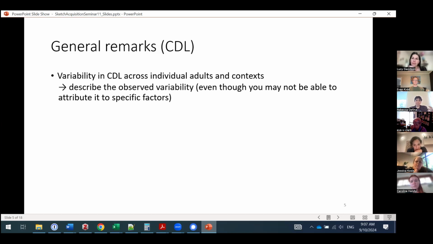And so you might see a lot of variability across these individuals, and it can be difficult to work out what the factors for this variability might be, or how that fits in across the whole population or the whole context of language use. So the goal in the sketch, as always, is just to describe that observed variability, and you may not be able to attribute it to specific factors.